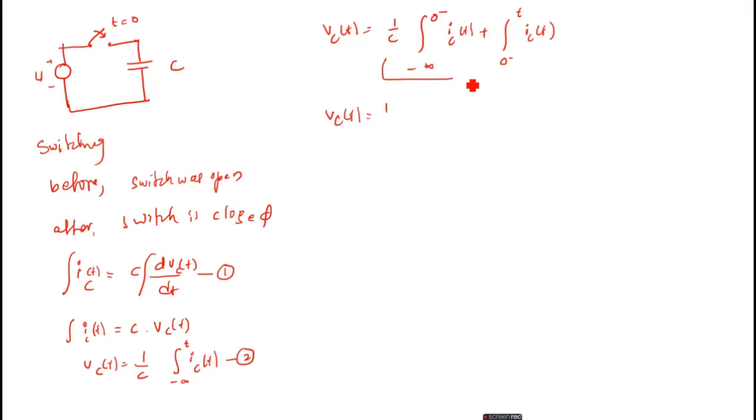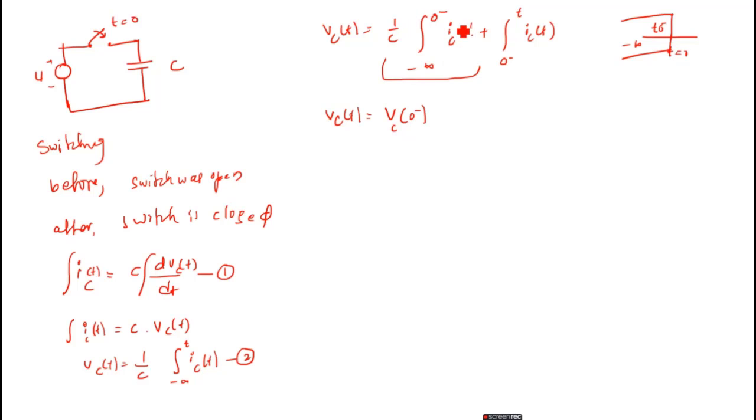So I can write the first term as Vc(0 minus). If this is our reference, it is nothing but V(0 minus), the time interval from minus infinity. The values calculated in this portion are all represented with minus signs.